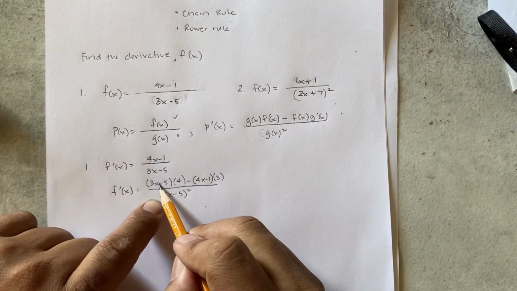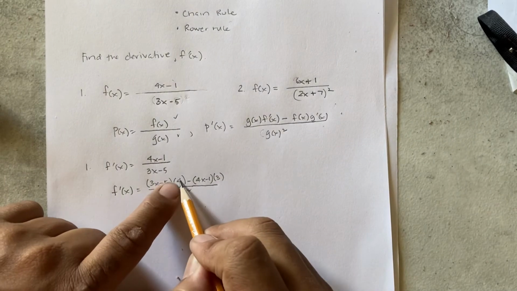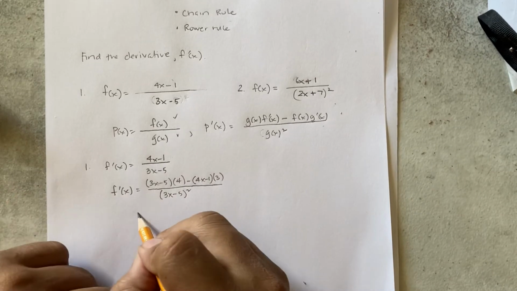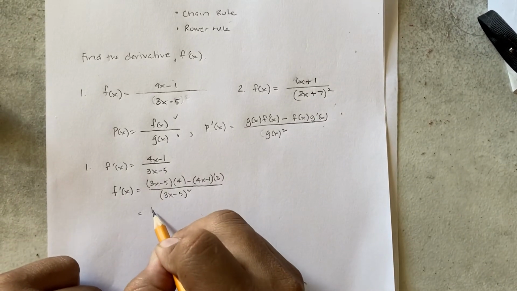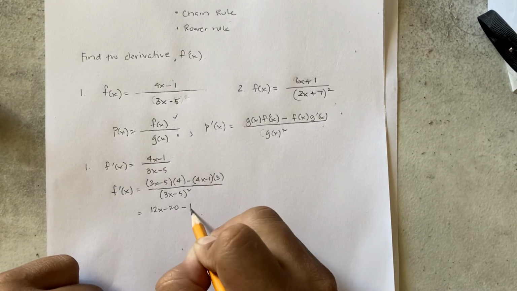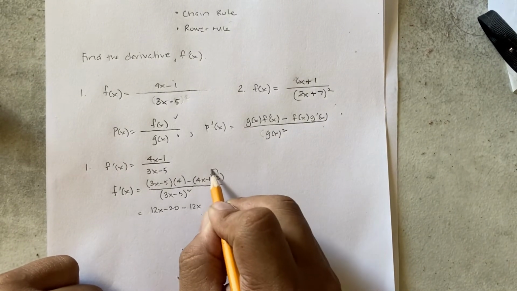The second times the derivative of the first minus the first times the derivative of the second, over the second squared. And we simplify.